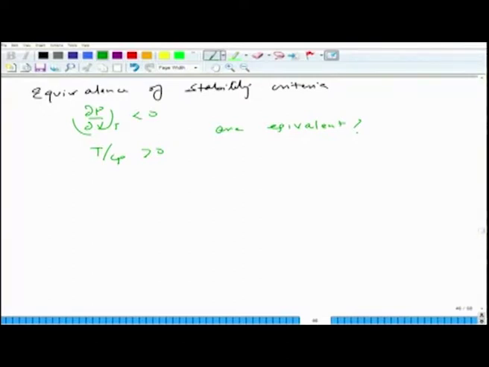Okay. So if one of them is 0, the other one should be 0, something like that. So this is to show these two are equivalent, saying this is equivalent to saying the other one. So we will try to solve this.